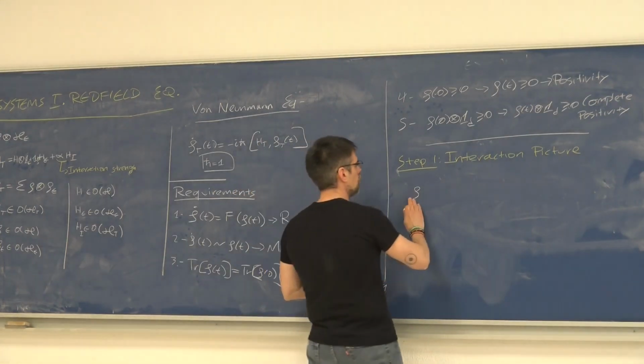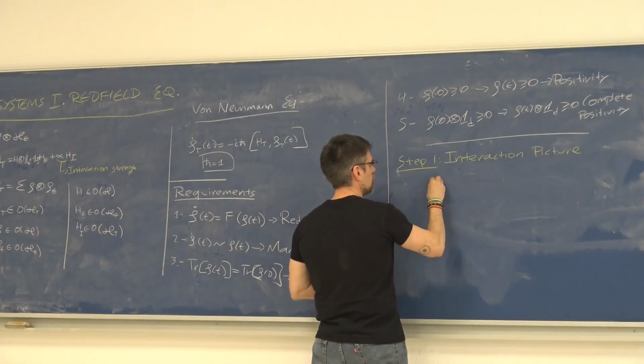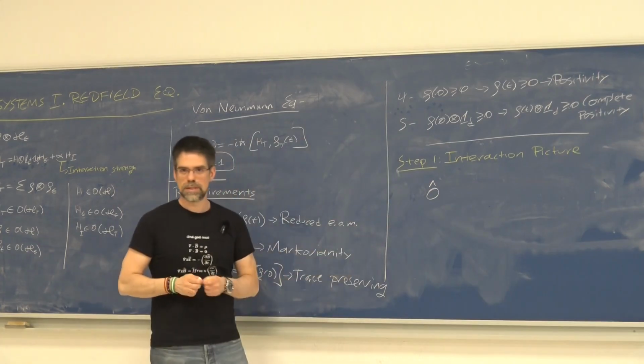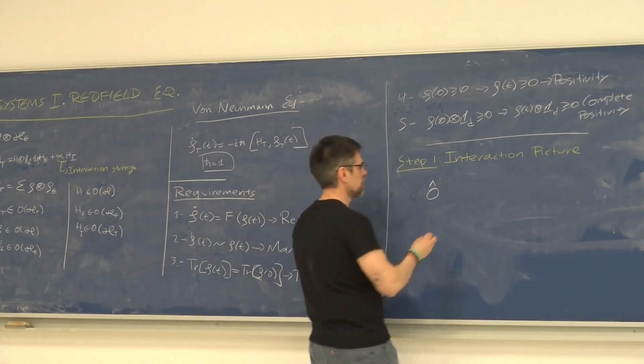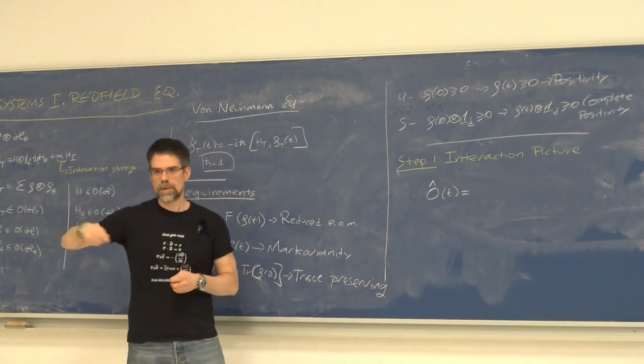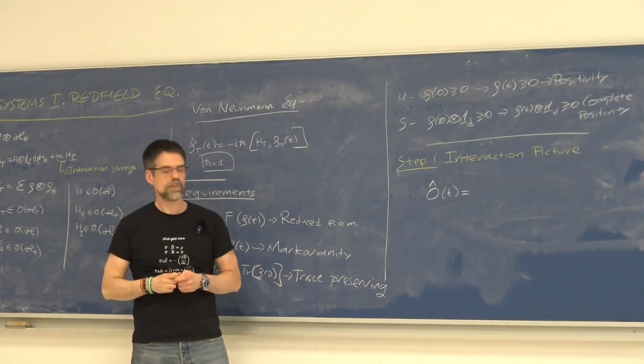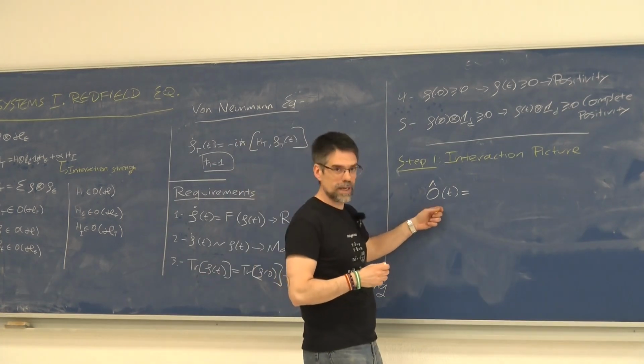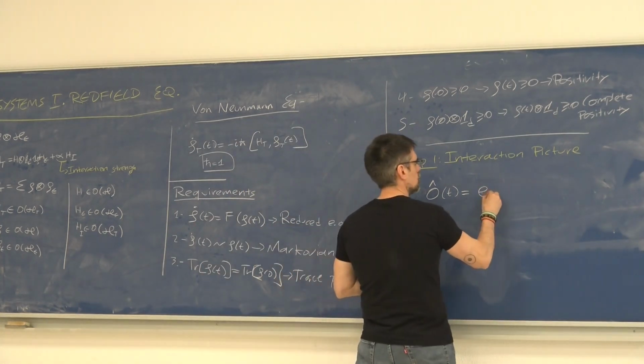Basically, all operators, and now we are not going to notate them with this hat, okay? That probably we will forget all the time. Okay, you remind me, I put the hat. Okay? In the interaction picture, operators change this way.